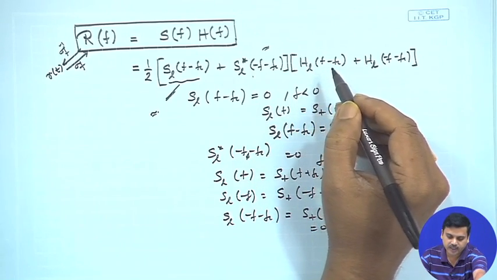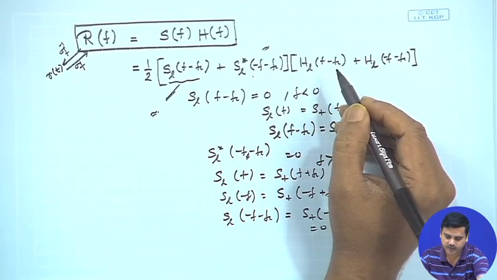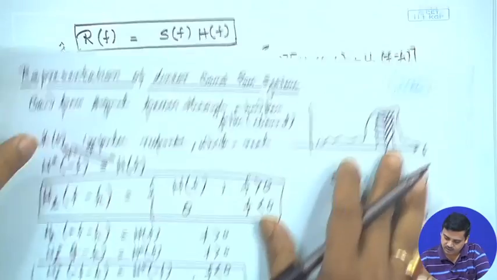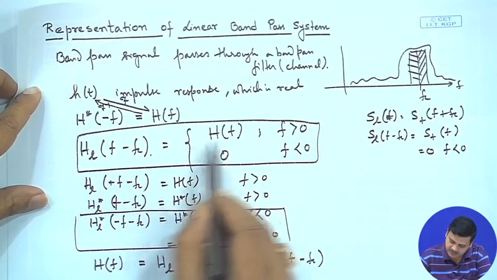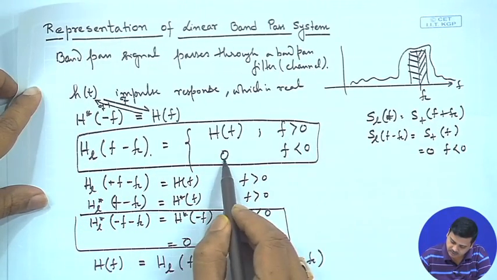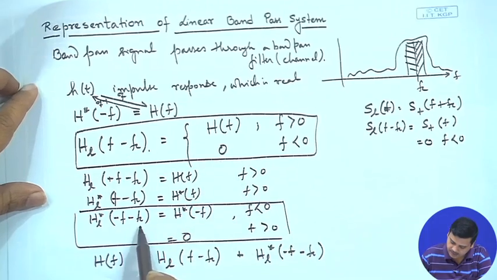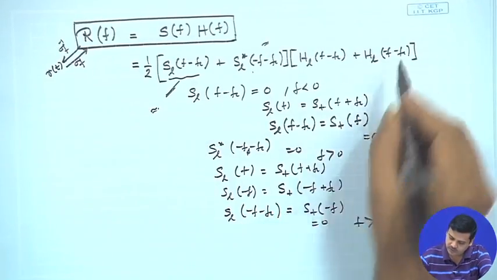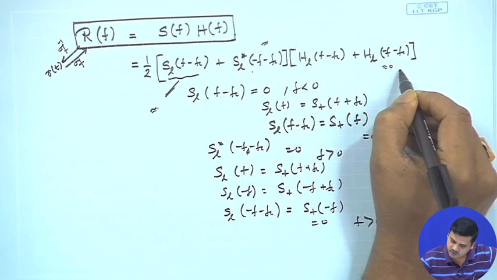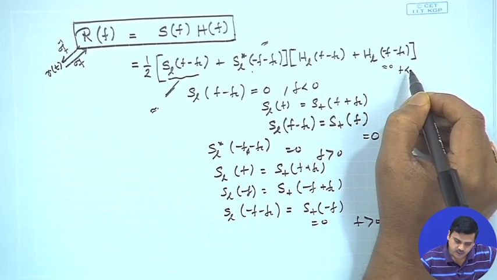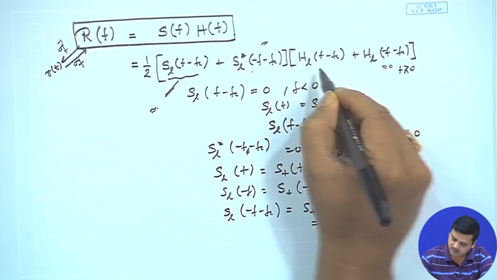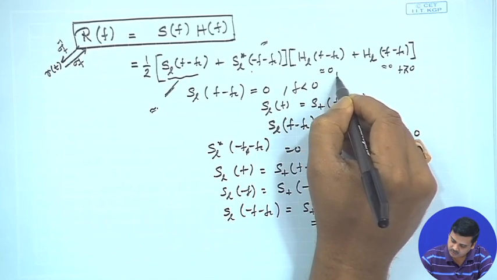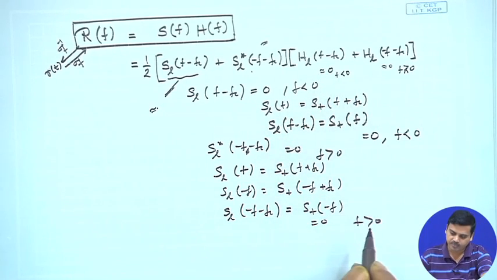Similarly, if we go by the definition of H(f), what we have over here, what we see is that this is H(f) for f greater than 0, 0 for less than 0, and this quantity is 0 for f greater than 0. So, we could say that this is almost equal to 0 for f greater than 0, this is almost equal to 0 for f less than 0 in the same manner.